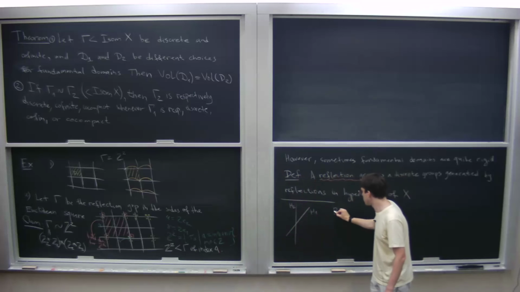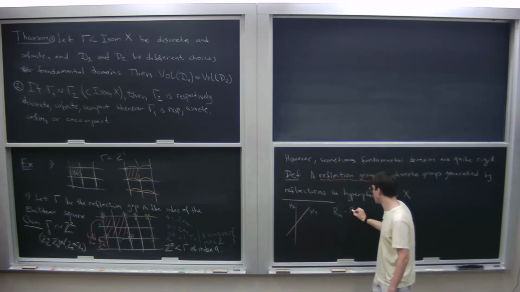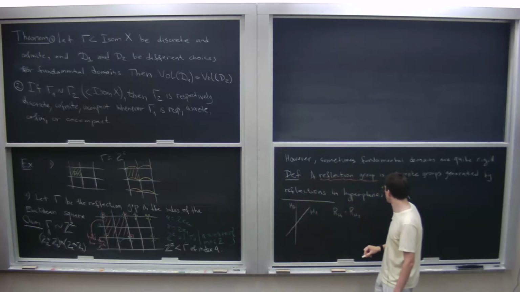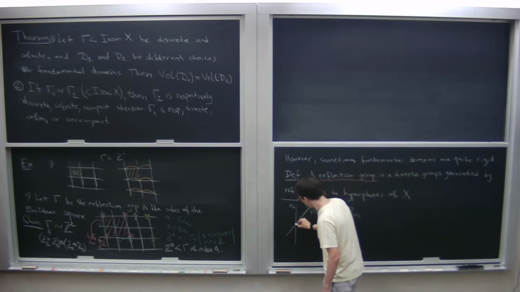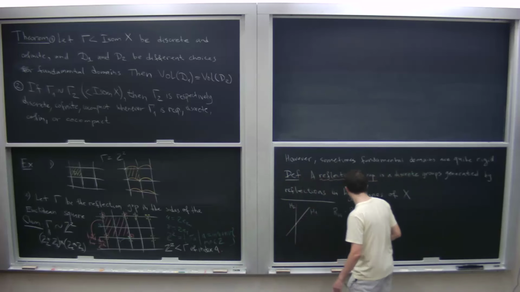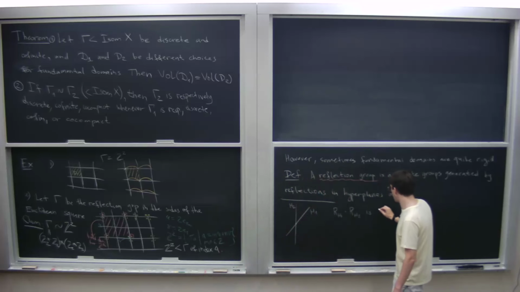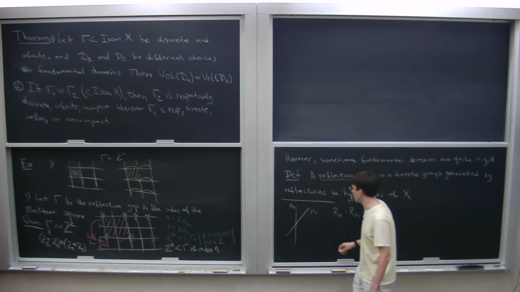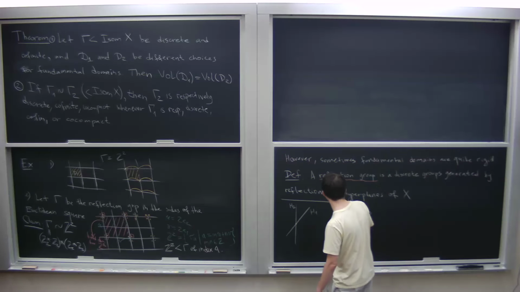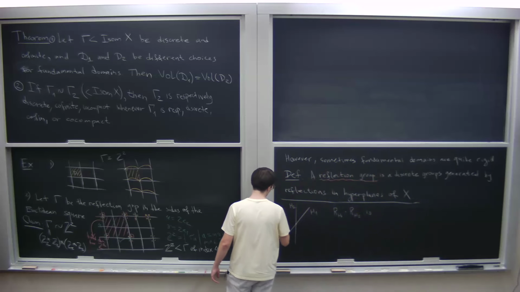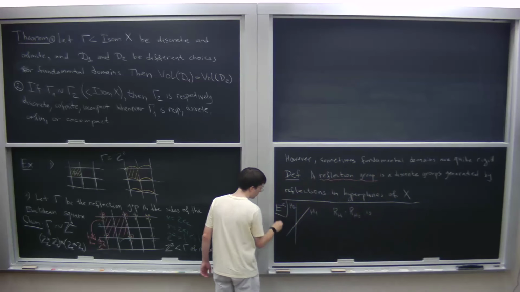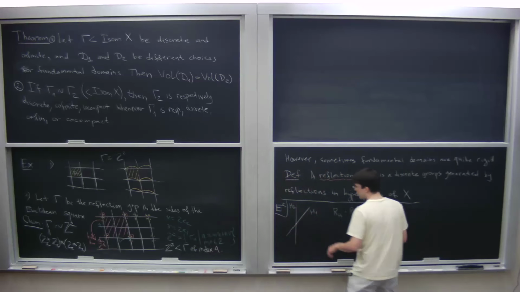Then the composition R_H1 and R_H2 is a rotation. Let's suppose X is the Euclidean plane, so I have 2 lines.